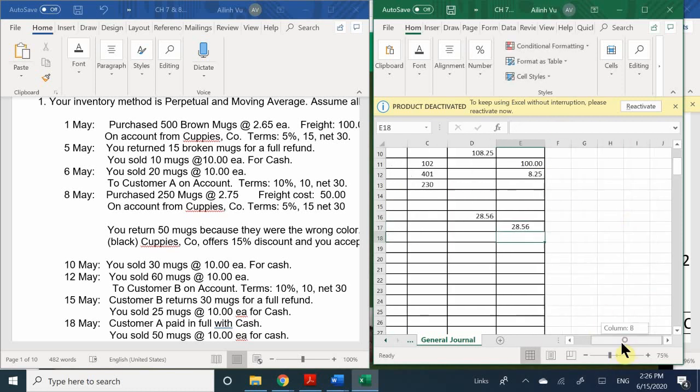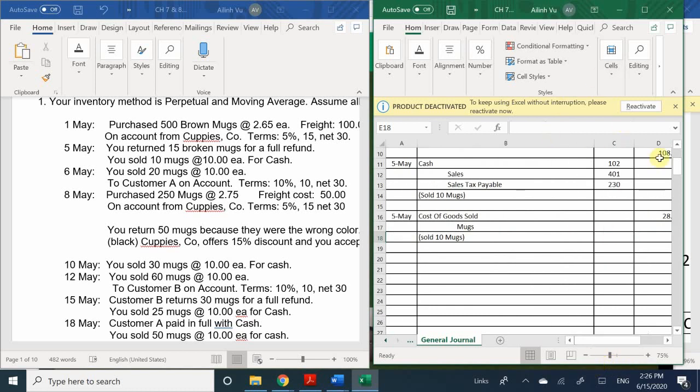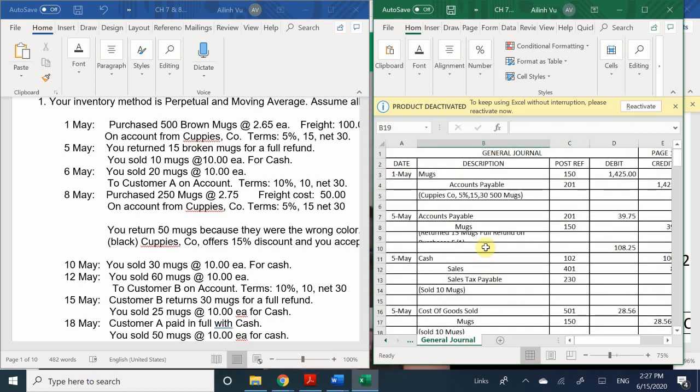And then can someone please tell me what the account number is for cost of goods sold? 501. 501. And then mugs is 150. Yes.